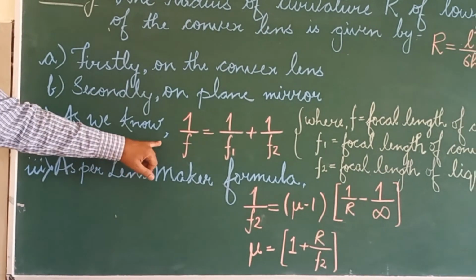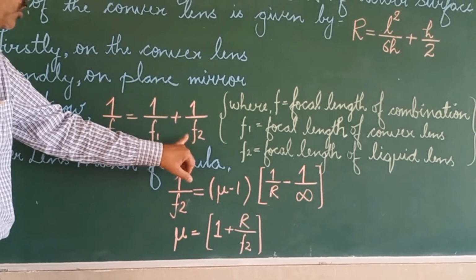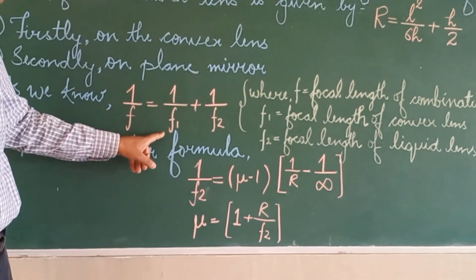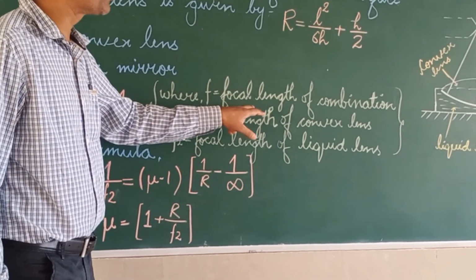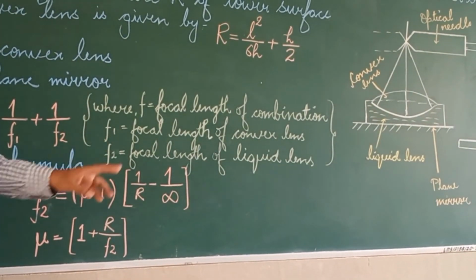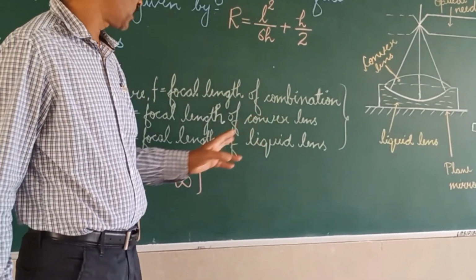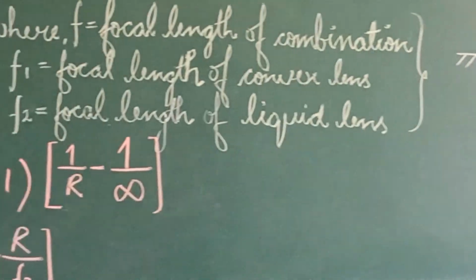As we know, the combined focal length of the lenses in combination is 1 upon f is equal to 1 upon f1 plus 1 upon f2, where f is the focal length of the combination of lenses, f1 is the focal length of the convex lens, and f2 is the focal length of the liquid lens.